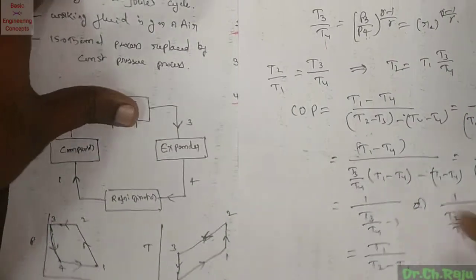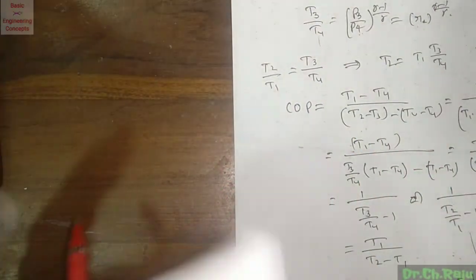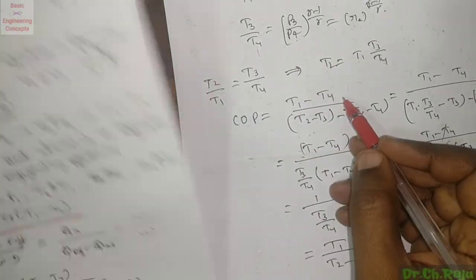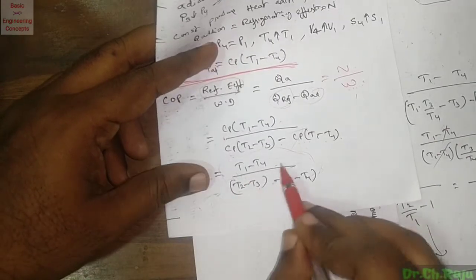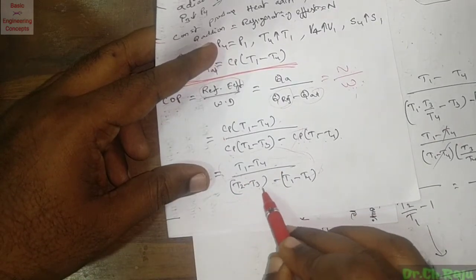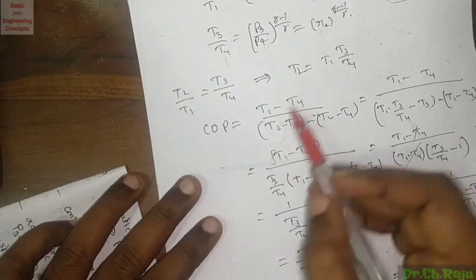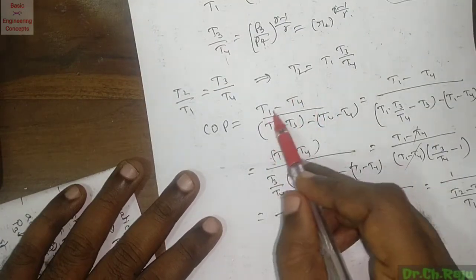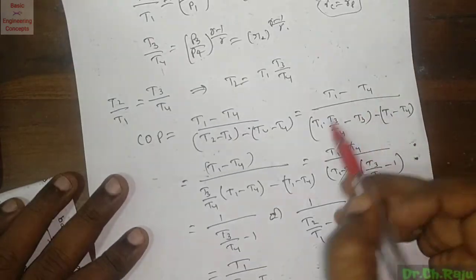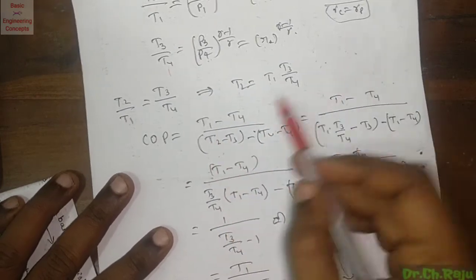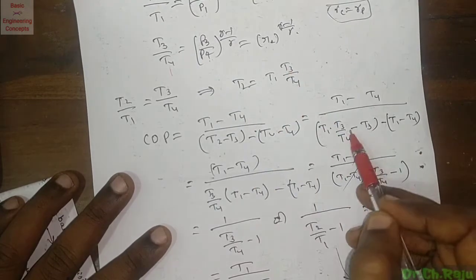Once you get this relation, you simply substitute the values here. The COP is T1 minus T4 by T2 minus T3 minus T1 minus T4, which is already derived here. Just placing the value of T2, that is T2 is equal to T1 into T3 by T4, minus T3.